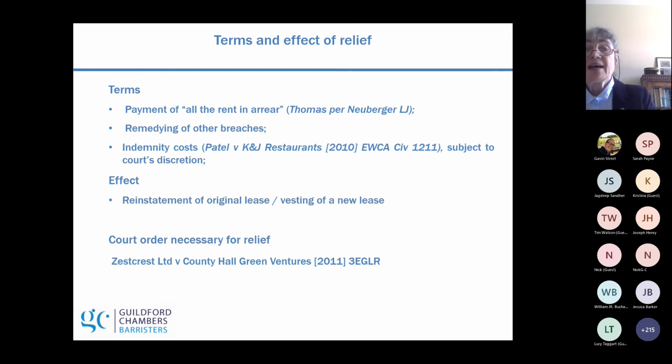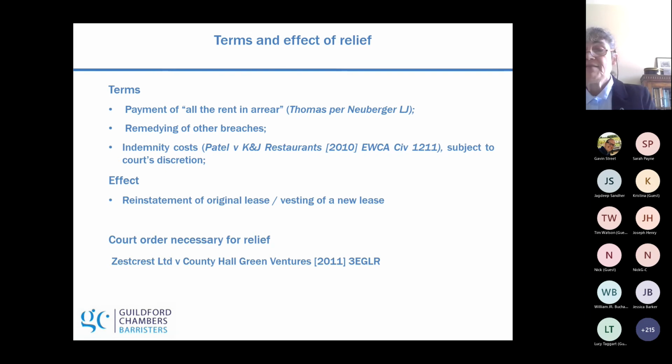As a general rule, as was restated in Patel and K&J Restaurants, indemnity costs will apply, but this will be subject to the court's discretion in relation to costs. In Bland and Ingram Estate Limited, a landlord unnecessarily opposed the granting of relief and so was ordered to pay the tenant's costs of relief on the standard basis.